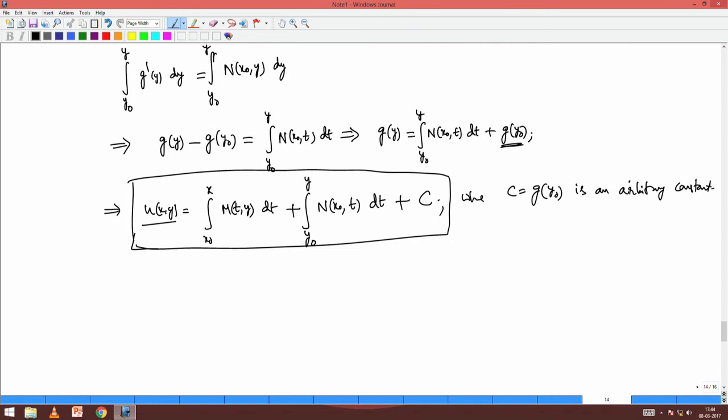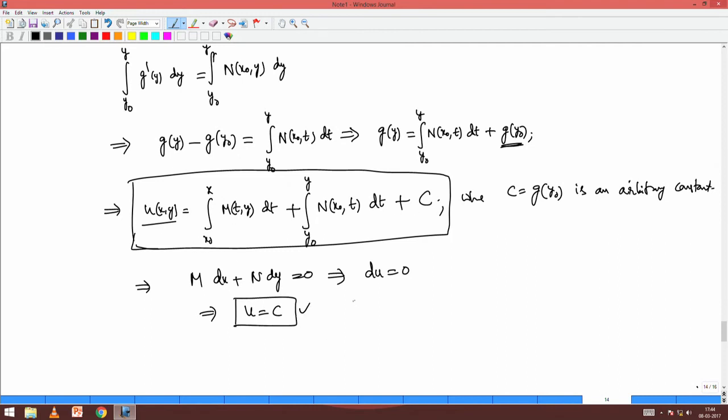Once you have this function, this du, this implies given differential equation m dx plus n dy equal to 0, I can write m as dou u by dou x, n as dou u by dou y, that makes it du equal to 0. That means u equal to constant is the general solution of the equation. What is u?